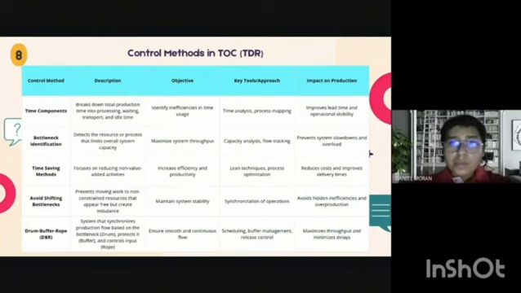To maintain stability, we implement the drum buffer rope (DBR) system. This synchronizes the production flow based on the bottleneck, the drum, and protects it with a buffer and controls the material input with the rope.